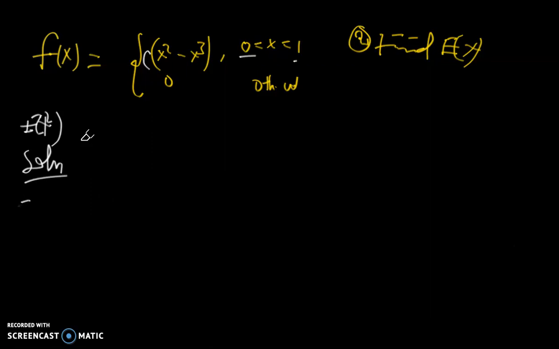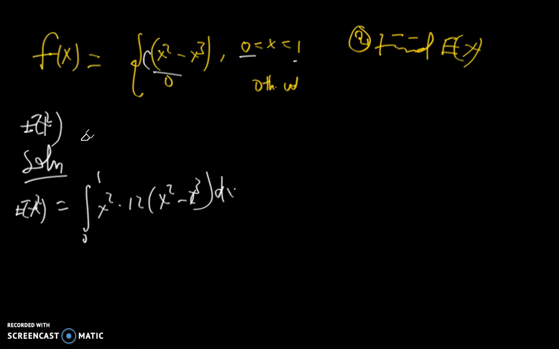We know that E of x squared will be given by the integral from 0 to 1, but now we have x squared, so this is going to be x squared into 12 times x squared minus 3x raised to 3, which is given initially in the function, in respect to x, dx.